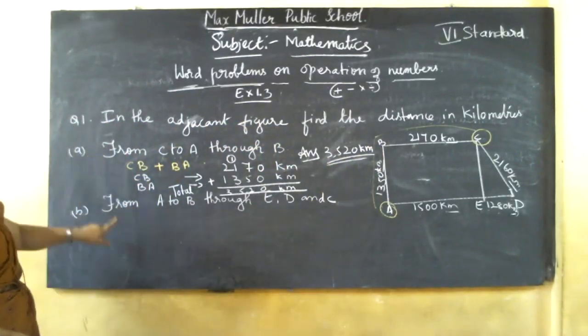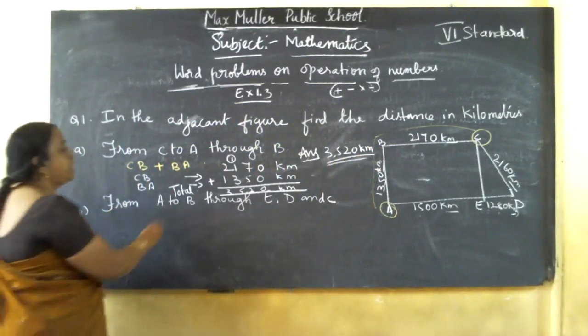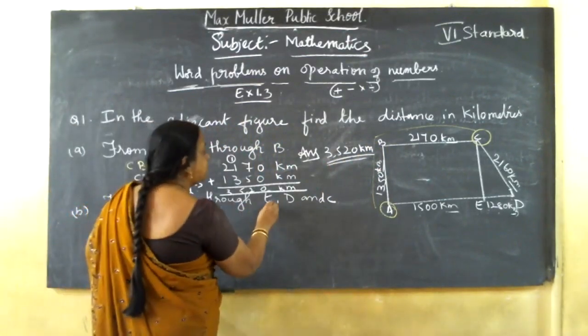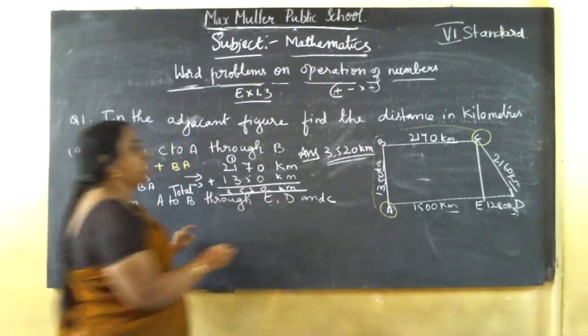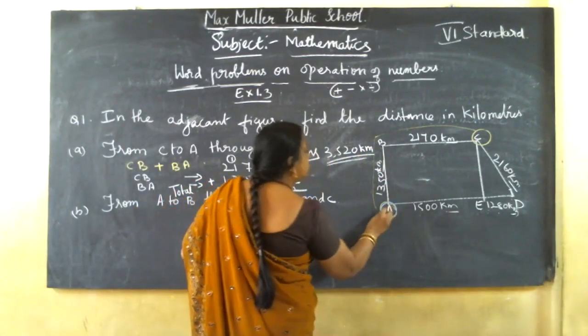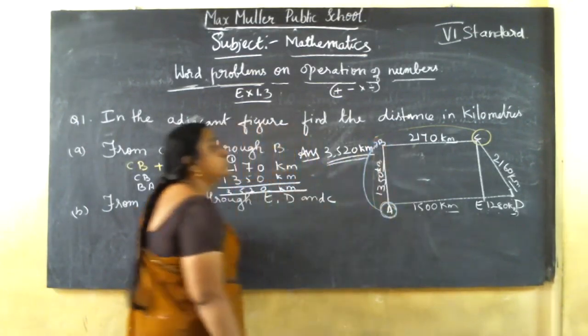So this is A question. B question: from A to B through E, D and C. Where you should start? You should start from A. You should go to B. But how you should go?